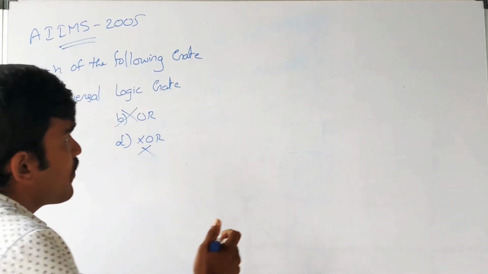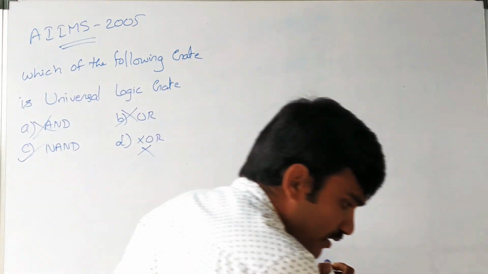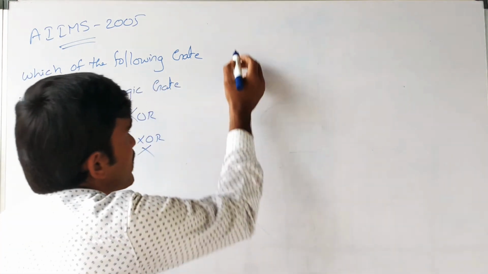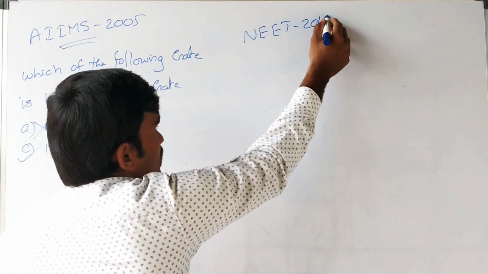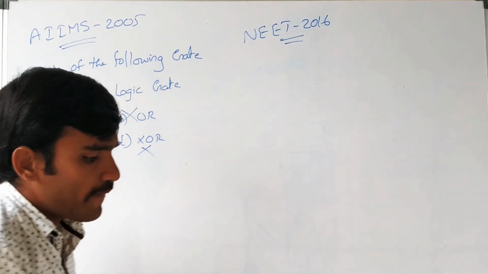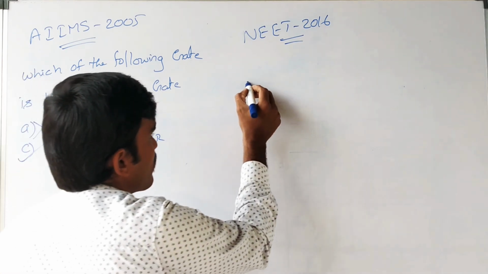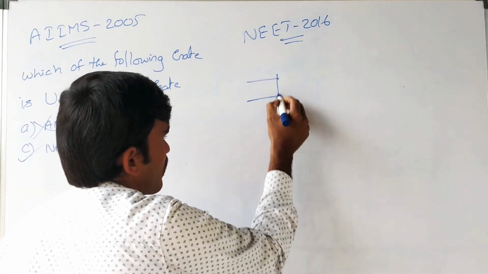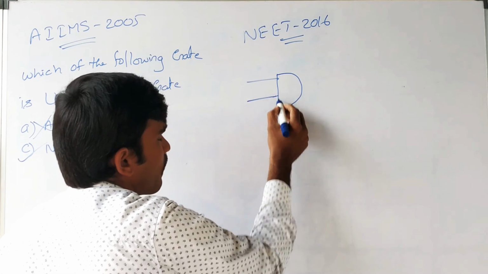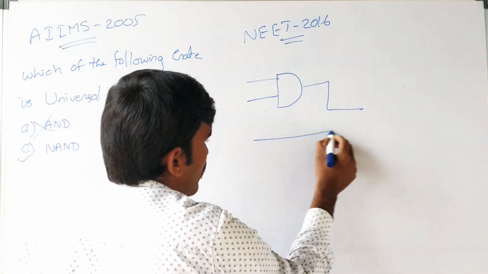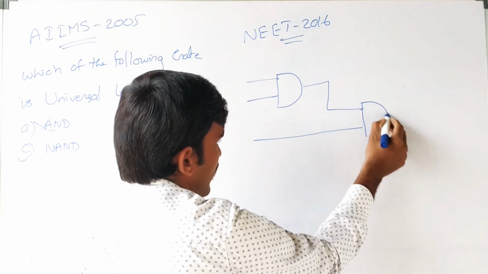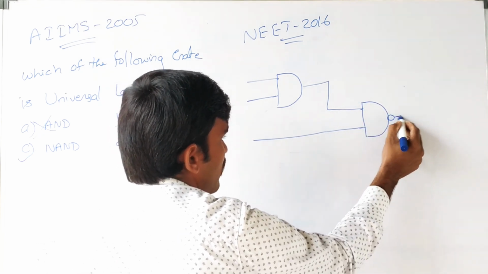This question is from NEET 2016. Look here, they have given the question like this. An AND gate is followed by a NAND gate.